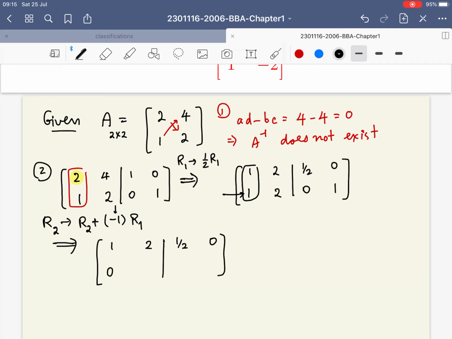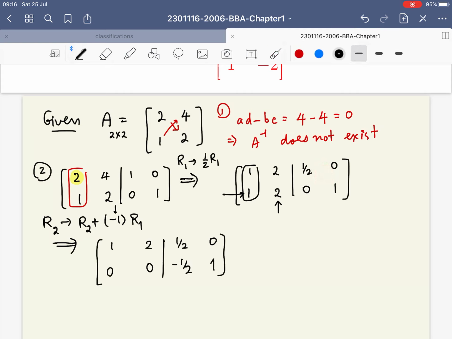And from here, you just start calculating. So this is again your R2 subtracted by R1. So your 2 minus 2, you have 0. Your 0 minus 1/2, so you have -1/2. And 1 minus 0, so you have a 1 here.